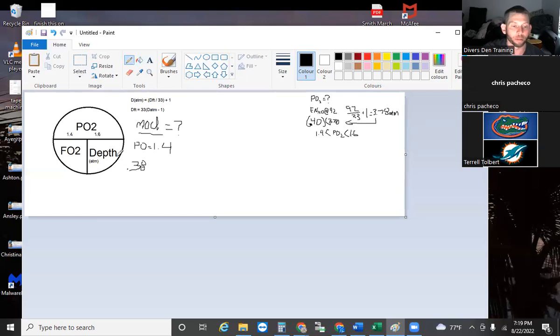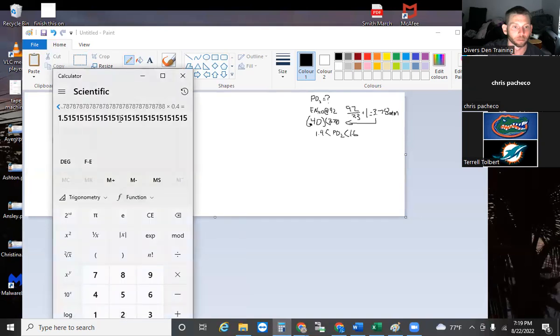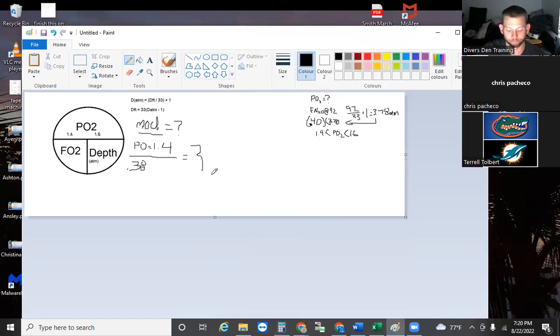What is my depth? It's pretty easy. You take 1.4 divided by 0.38, and that's going to be equal to 3.68 atmospheres.